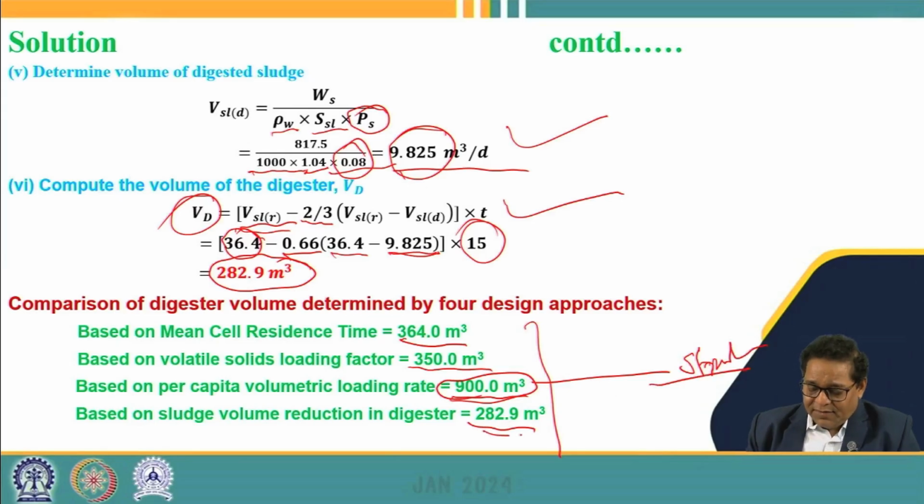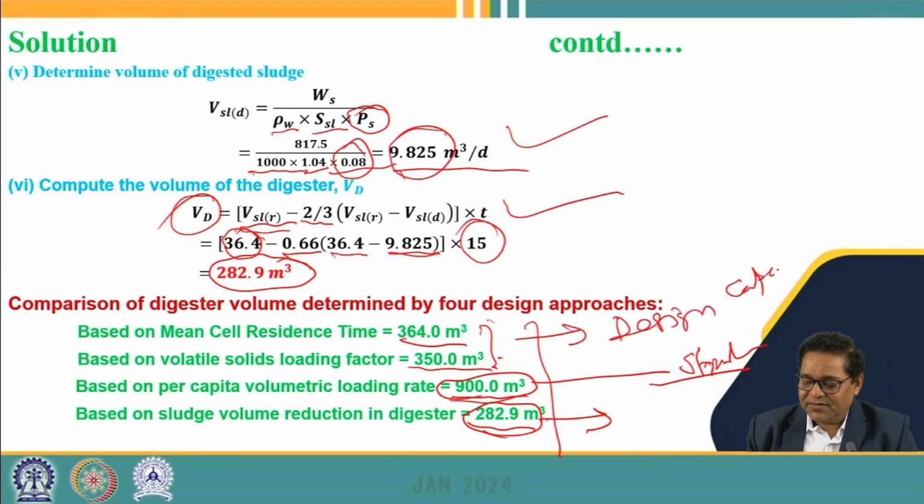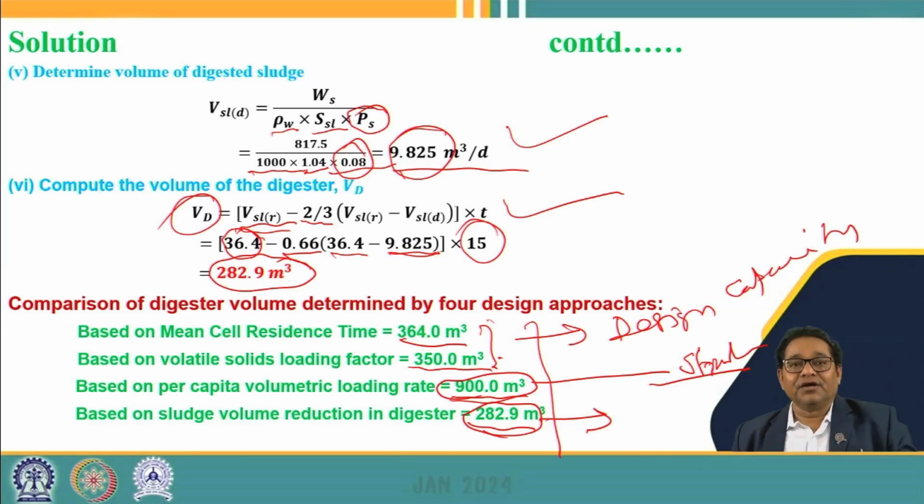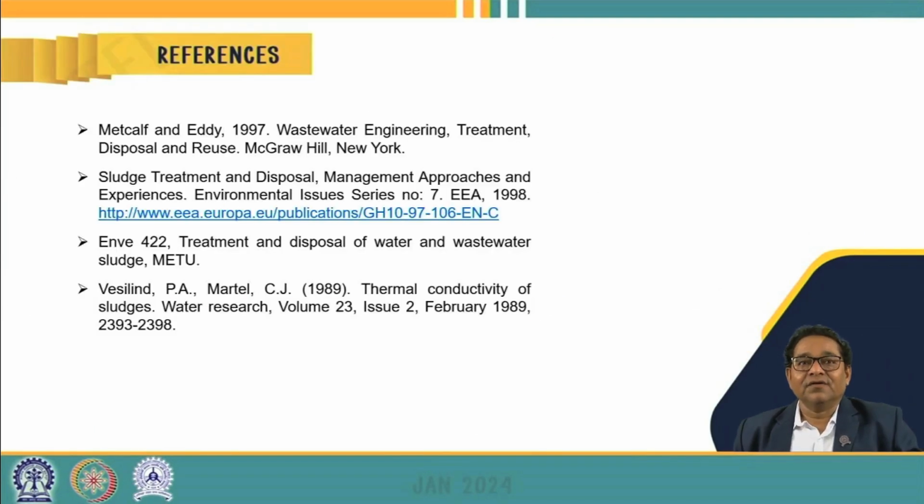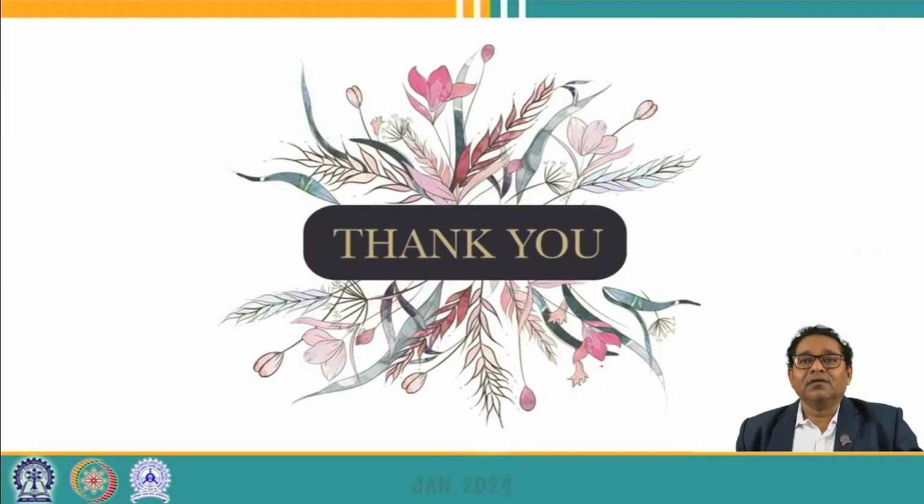And this value is very low compared to these 2 approaches. So any value between these 2 we can adopt as the design capacity for the digester. This is how we can use this formula, the design criteria, to determine the size of the digesters. These are the references you can use. Thank you.